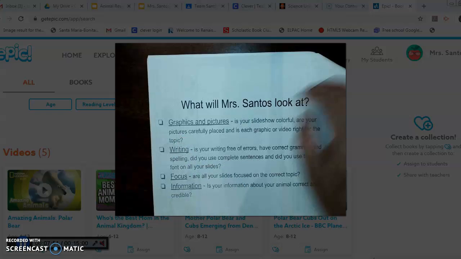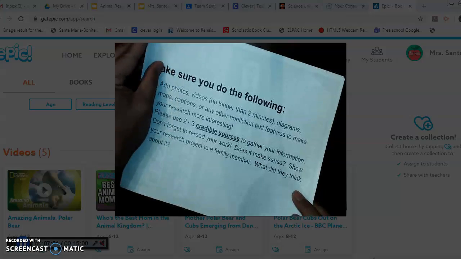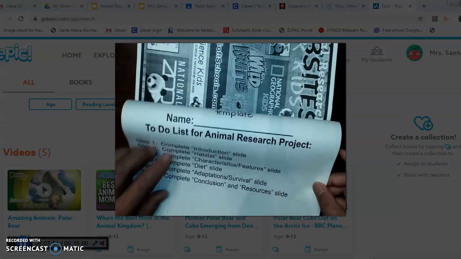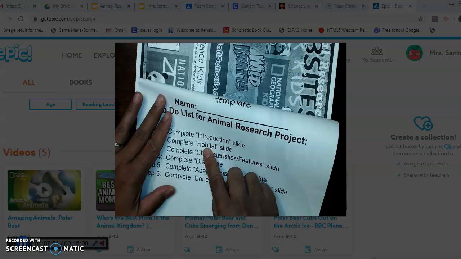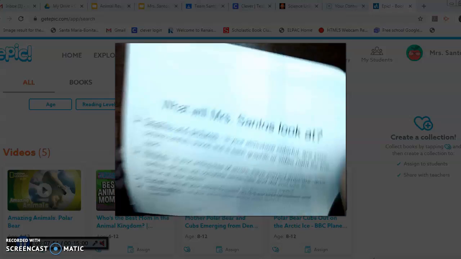So for example, if you are on the slide that talks about your animal's habitat, where they live, you are not going to include pictures about it doing tricks. You're not going to include videos about it being a cuddly animal. No, you should include pictures about where it lives and videos about its habitat, okay? So the focus has to be there.